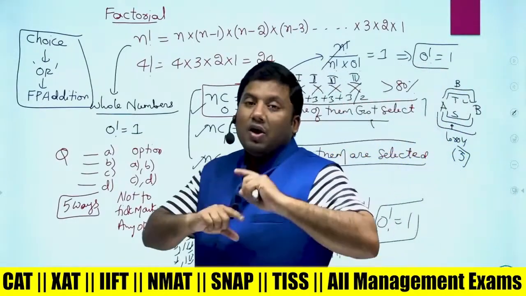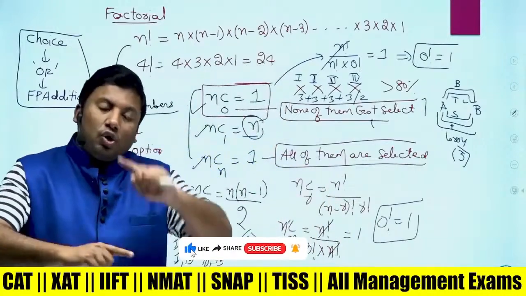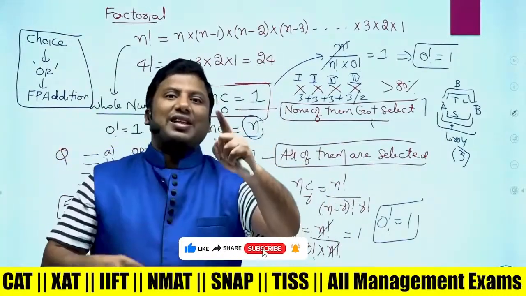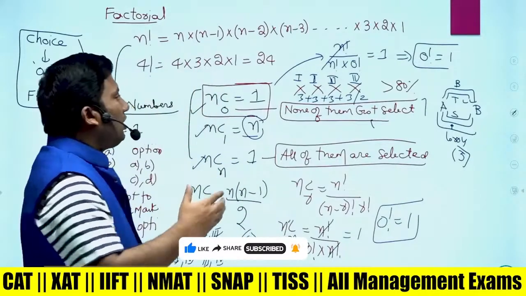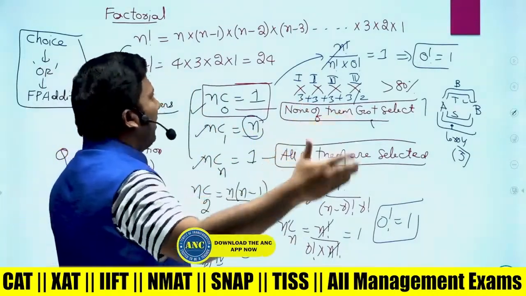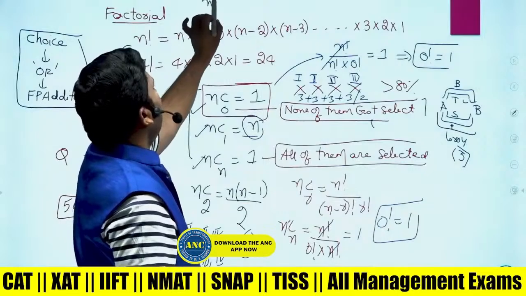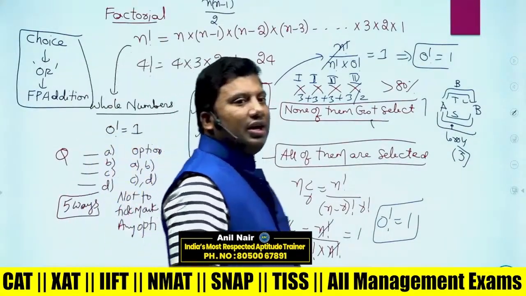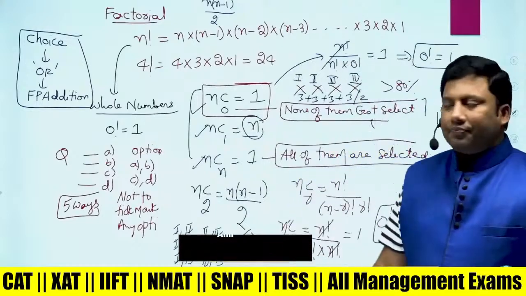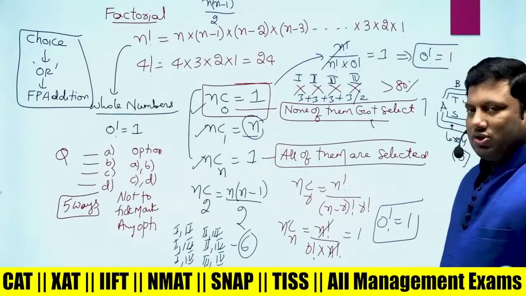If there are n, 1 with other n minus 1, 2 with other n minus 1, 3 with other n minus 1, 4 with other n minus 1. Total n, each one with n minus 1. N into n minus 1. Half of them are duplicated. So n into n minus 1 by 2.